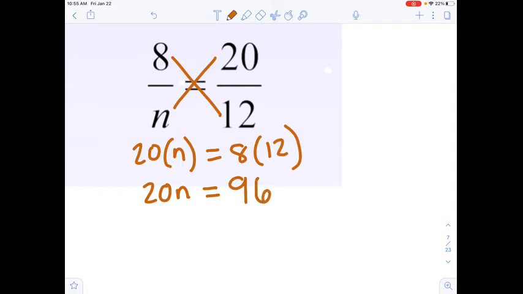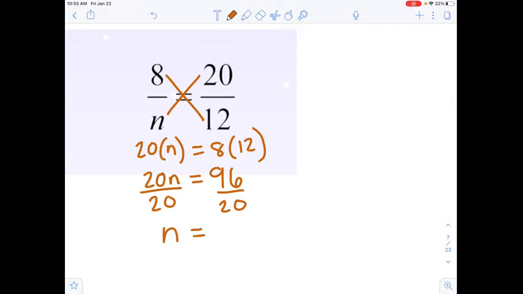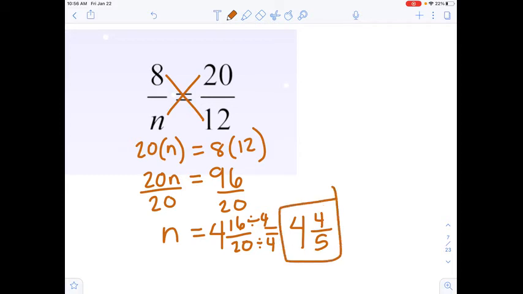And then to solve for n, I'm just going to divide both sides by 20. And I'm left with n equals, and then I'm just going to simplify this. Let's see, 20 goes into 96 4 times. 16/20 would be left over, which would simplify to 4 and 4/5. There is our value of n.